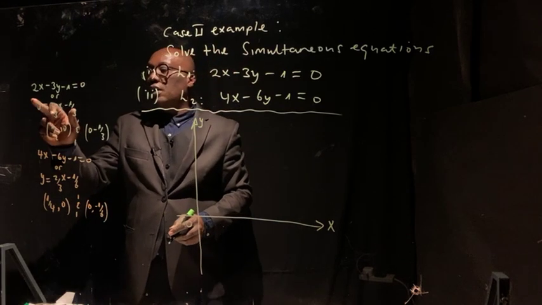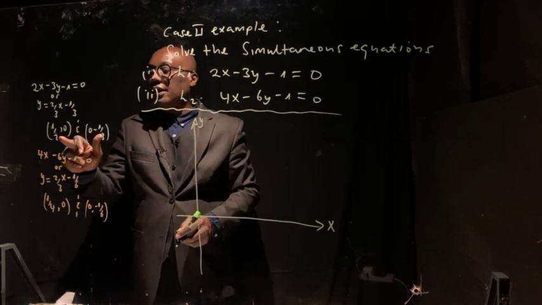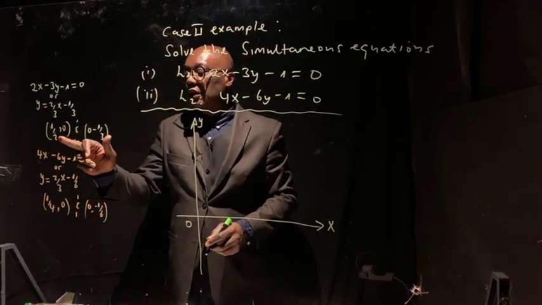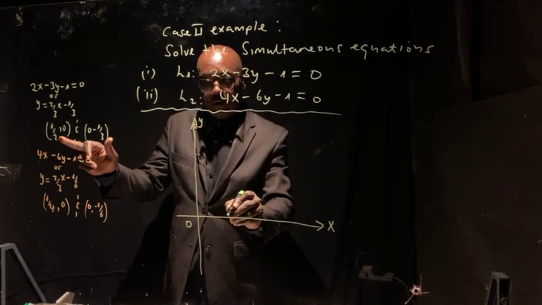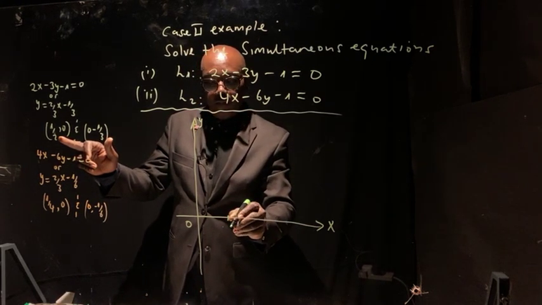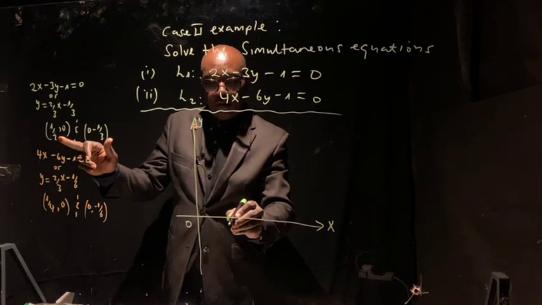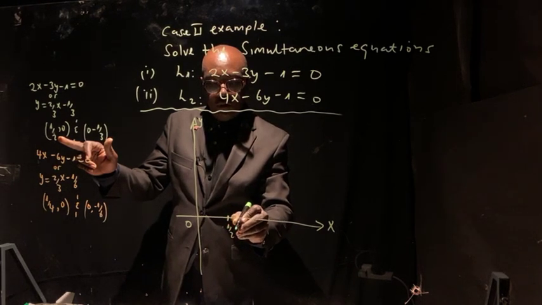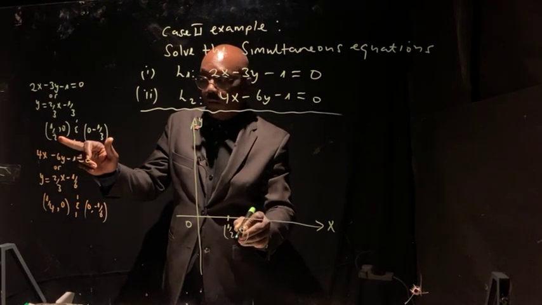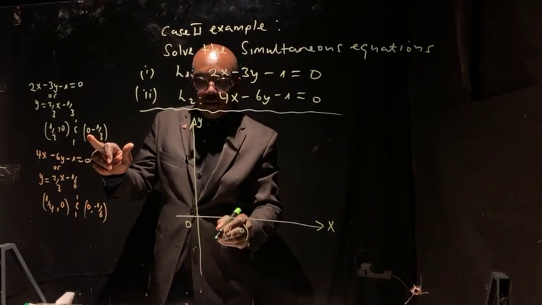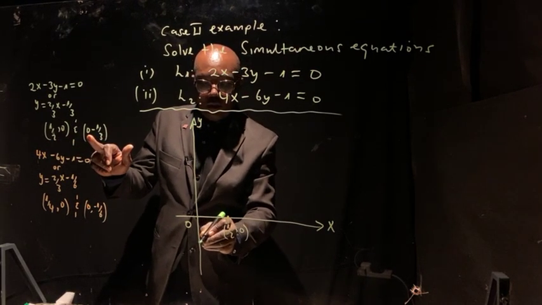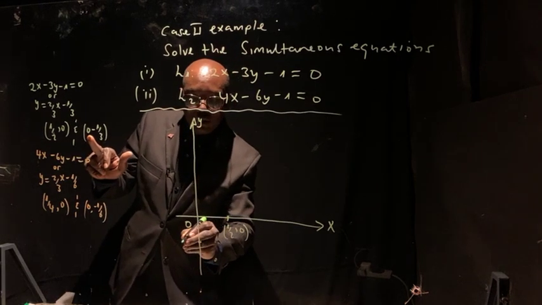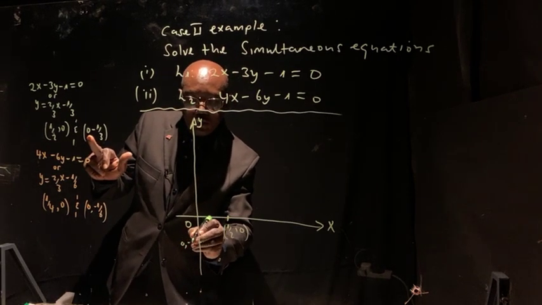The first one, we see that the x-axis intercept was, let's say it was half, let's say here, it was half, 0. And the y-axis intercept was 1/3, let's say here, 0, minus 1/3.